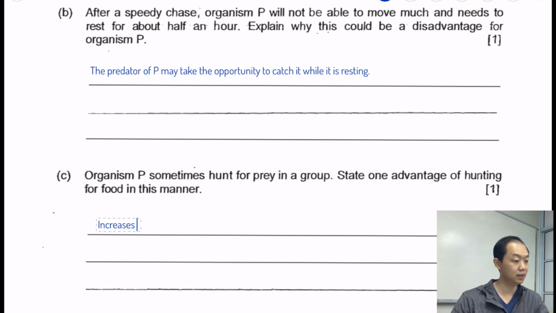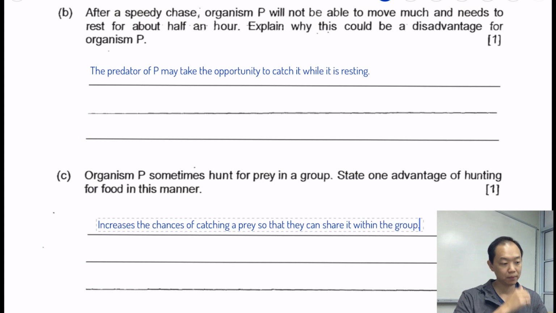Yeah, increase the chances of catching a prey so that they can share it within the group. Okay, so they want to share within the group, so increase the chances of catching the prey. It is important for that.